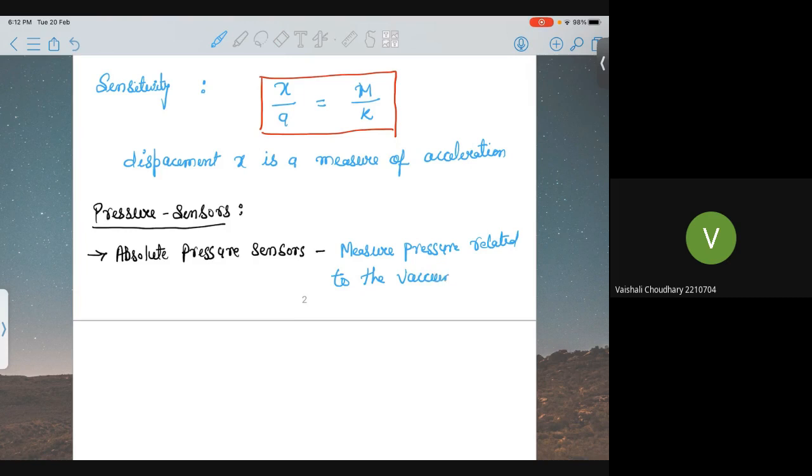Means here the reference is vacuum. If we use an absolute pressure sensor, then we'll take vacuum as a reference.